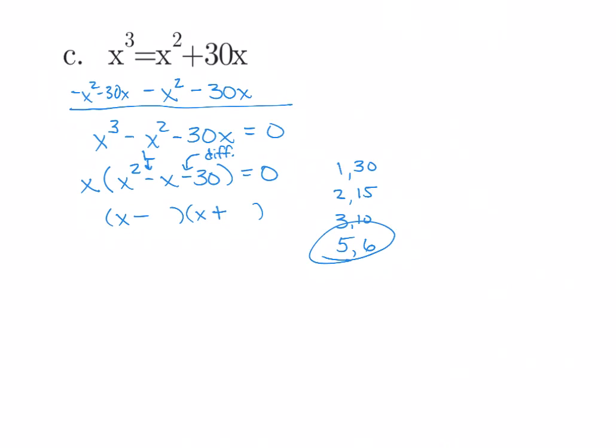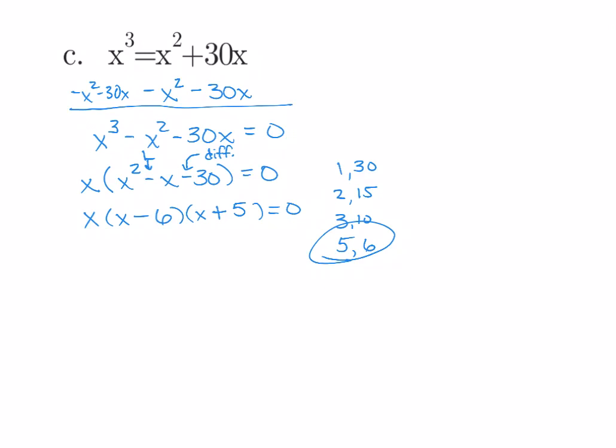We want ones that subtract to 1, so we're going to work with 6 and 5. And again, we want our larger number to be negative, our smaller number to be positive. We bring down our equals 0. We also want to bring down that greatest common factor.